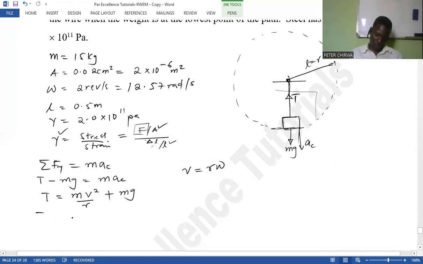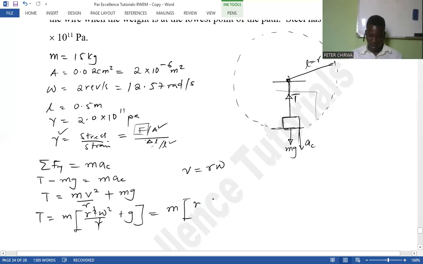So tension is going to be m, let me factor out m, times r squared omega squared over r plus g, which is m times r omega squared plus g, because the r and r cancel. So that will give me the tension.